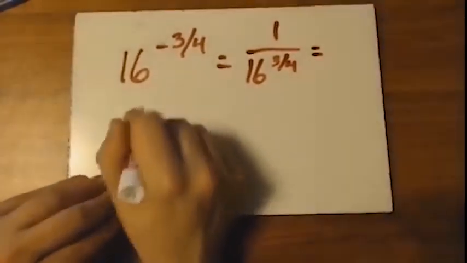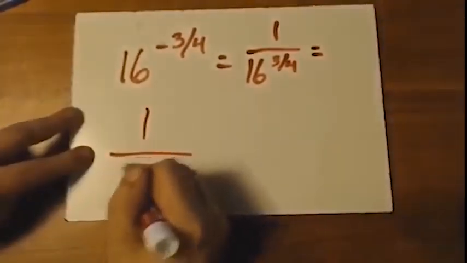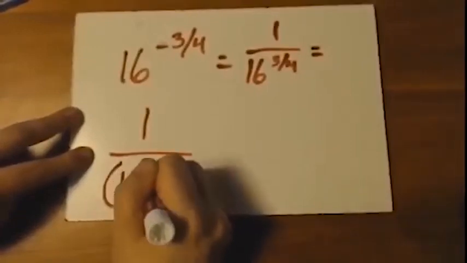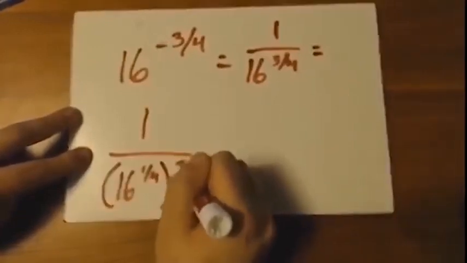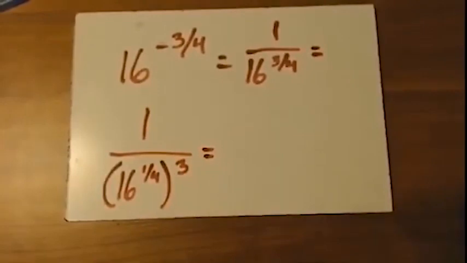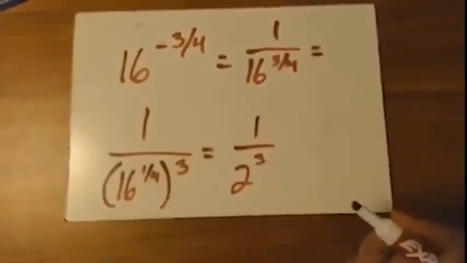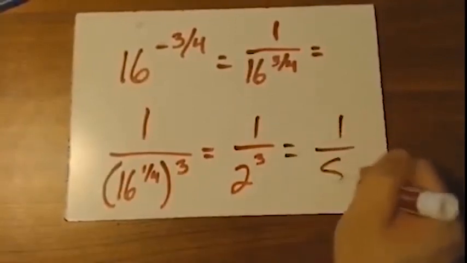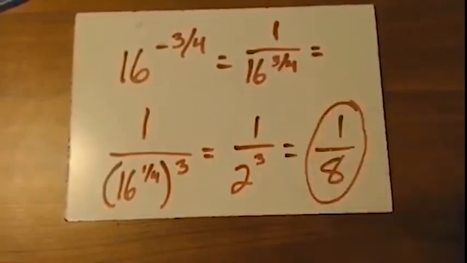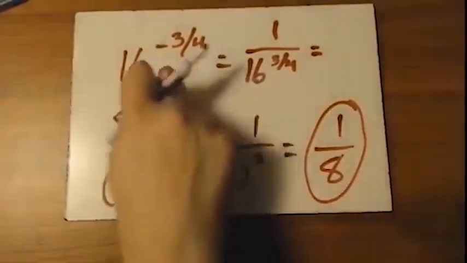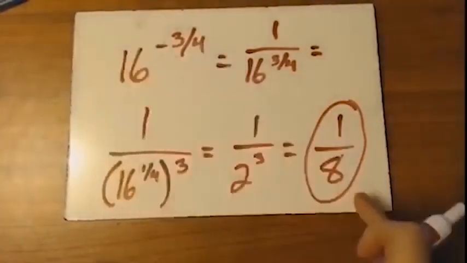So 1 over, this would be 16 to the 1/4 cubed. The 4th root of 16 is 2. 2 cubed is 8. So 1/8. The negative exponent does not mean negative numbers, it means fractions.